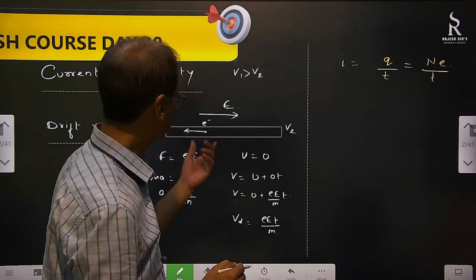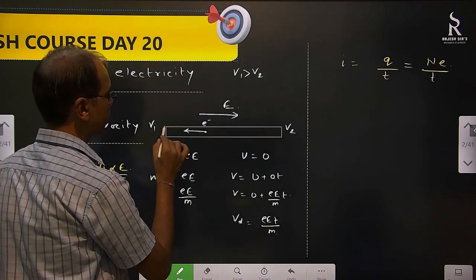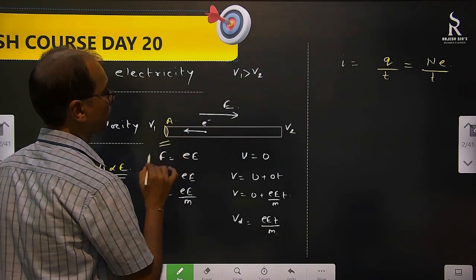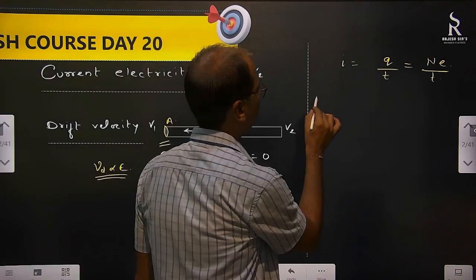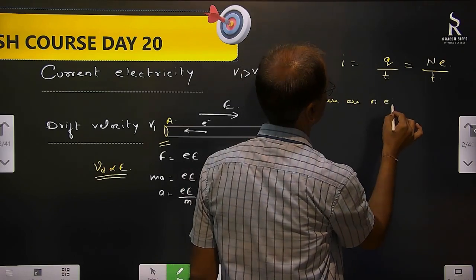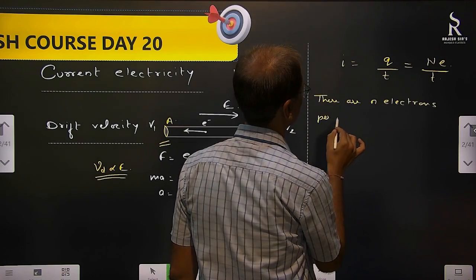Now if conductor is this, its area we can consider this cross section area. Let's say is A. And I am assuming there are n electrons per unit volume.